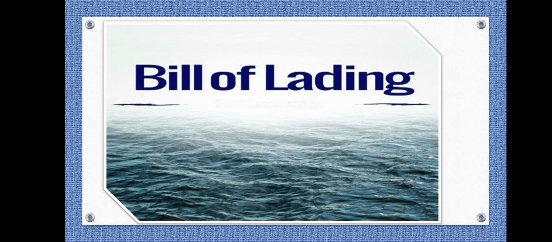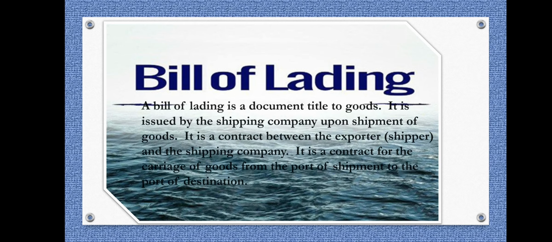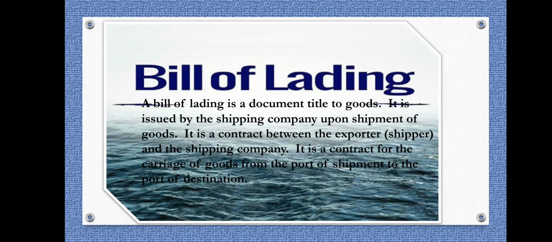Next is bill of lading. A bill of lading is a document of title to goods. It is issued by the shipping company upon shipment of goods. Now over here the goods are on the ship.